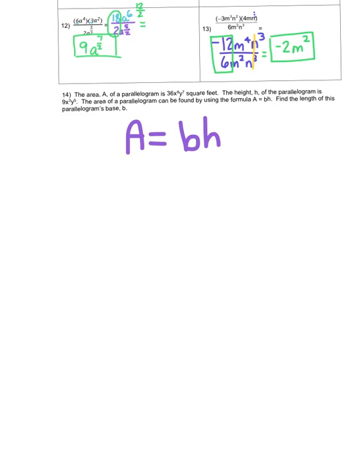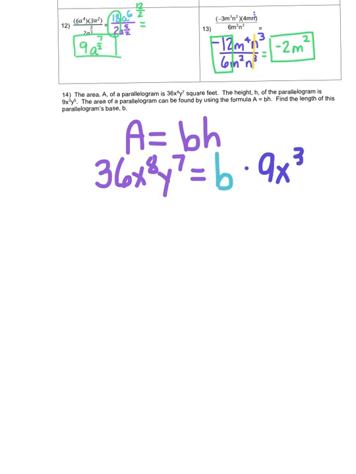So we know that the area is 36 x to the 8th, y to the 7th. I'm simply going to substitute it into the formula that they've given me. I know that I'm looking for b, the base. However, the height is also given, so I'm going to substitute that. 9x to the third, y to the fifth.